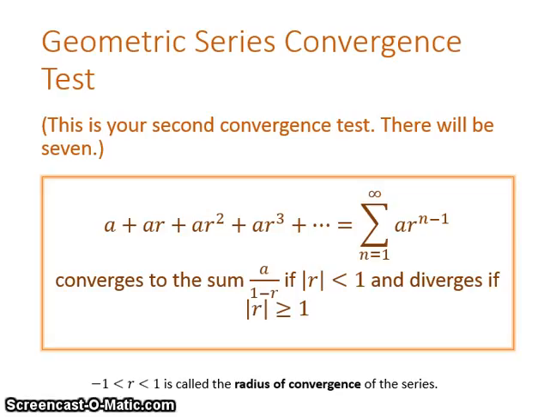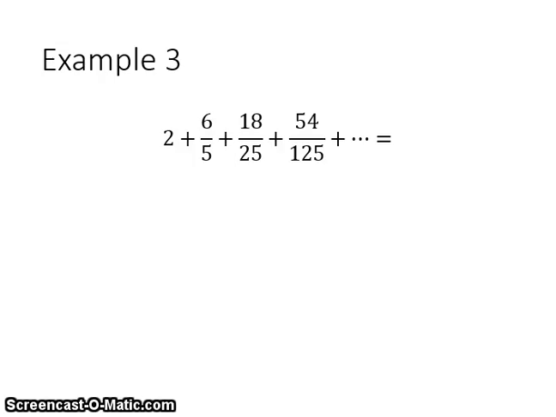So, given that test, here's our next example. Take a minute, see if you can tell from this example what your a is and what your r is. Pause the video and then come back when you have it. When I did this, I noticed that my first term is 2.